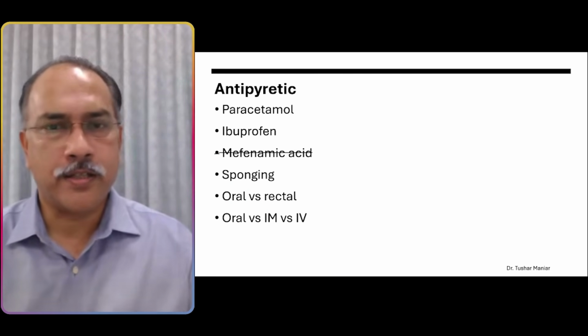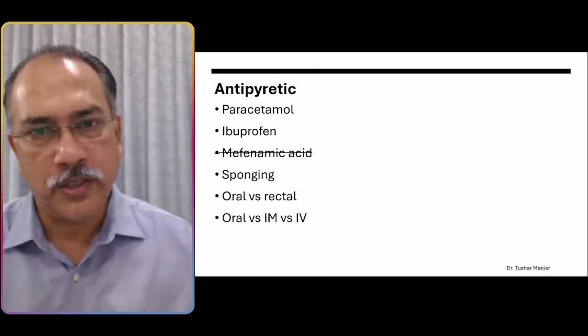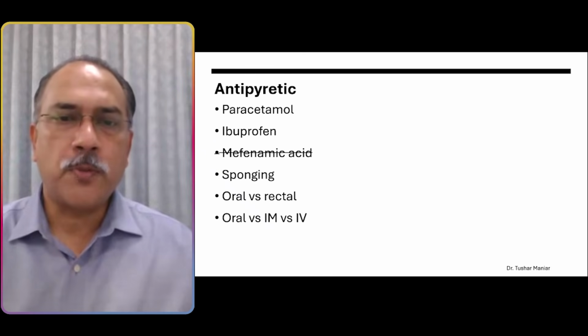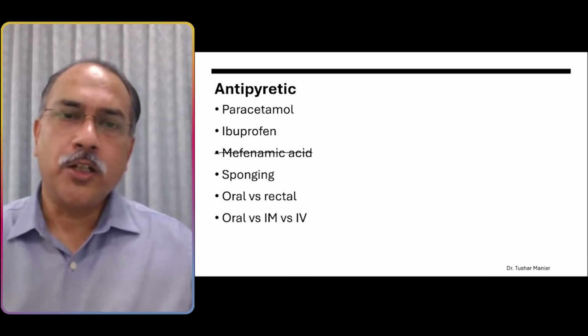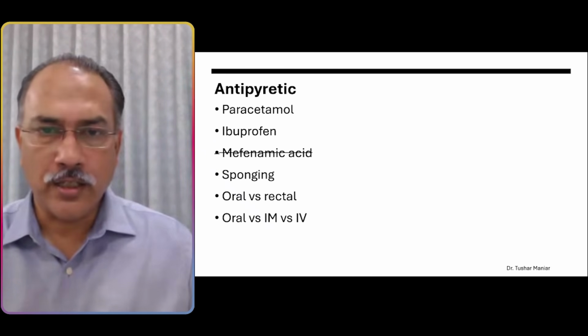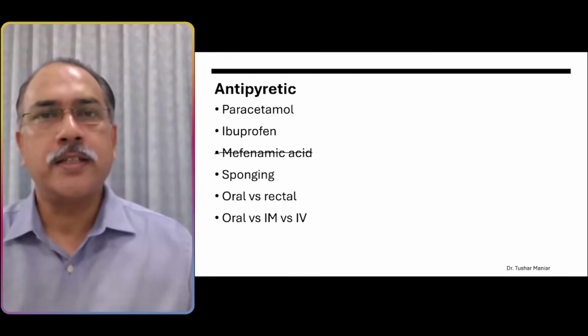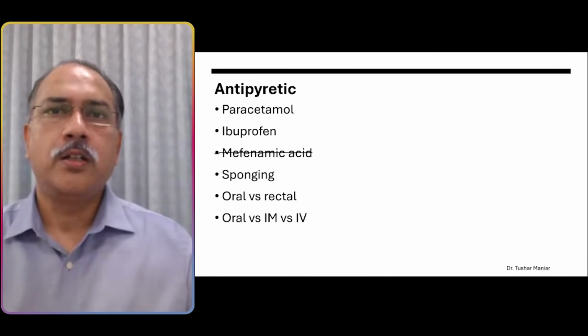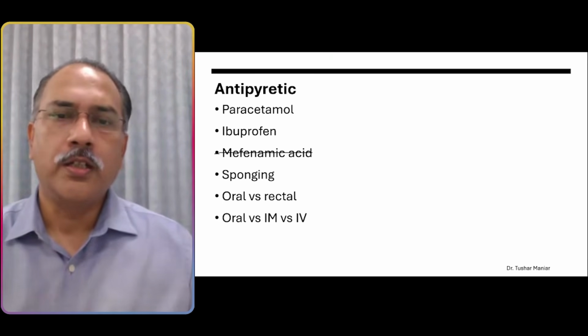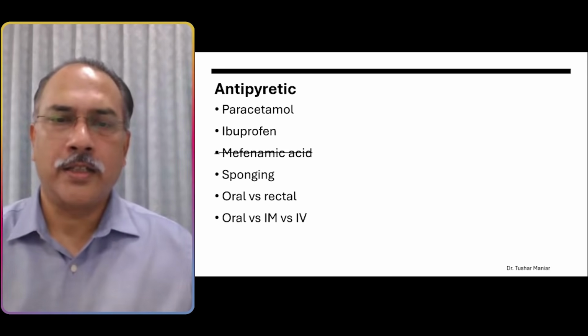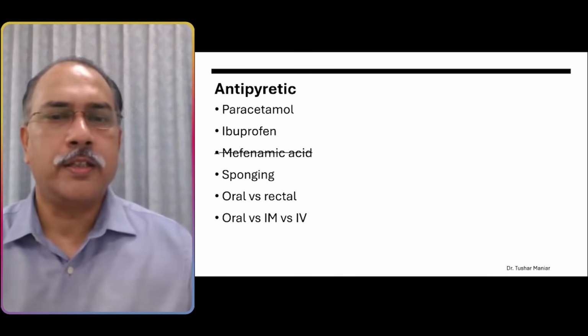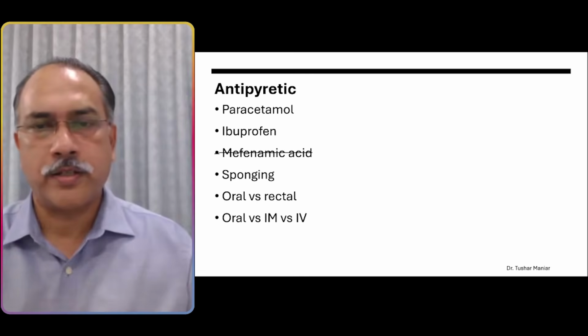Do not use any other NSAIDs. Do not use steroids, please. Do full body sponging. If the child is unable to take oral, consider rectal. If the fever is very high, there is a high risk of seizures, or a past history of febrile seizure, think about getting the child under super observation and think about giving IM, etc.